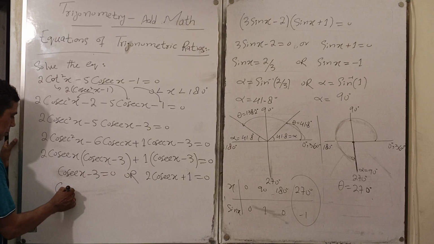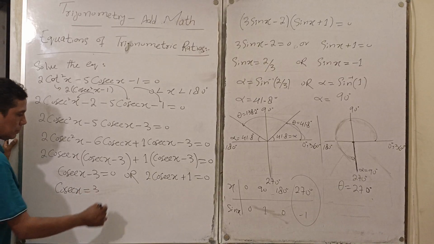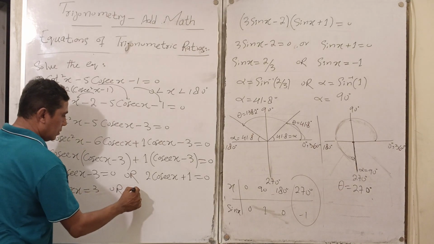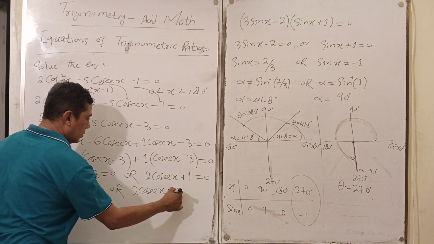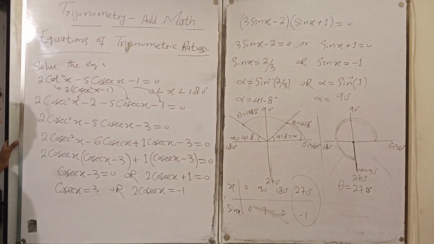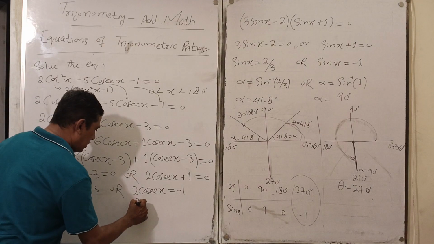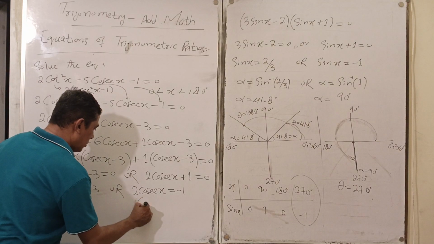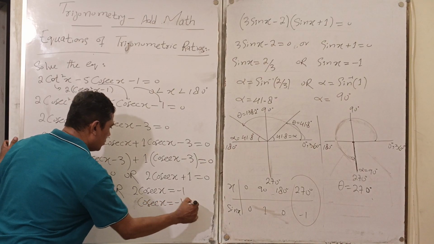So cosec x equal to 3, and cosec x equal to minus 1 over 2.